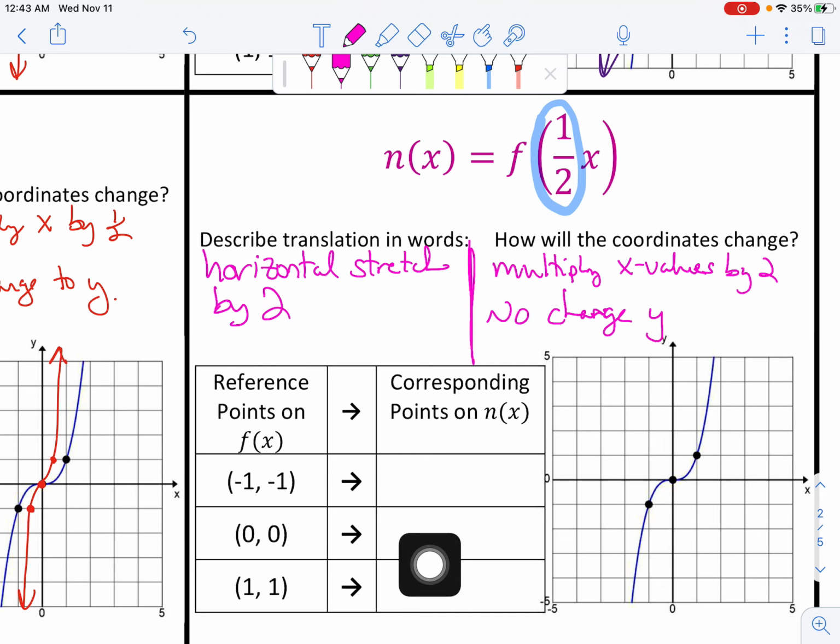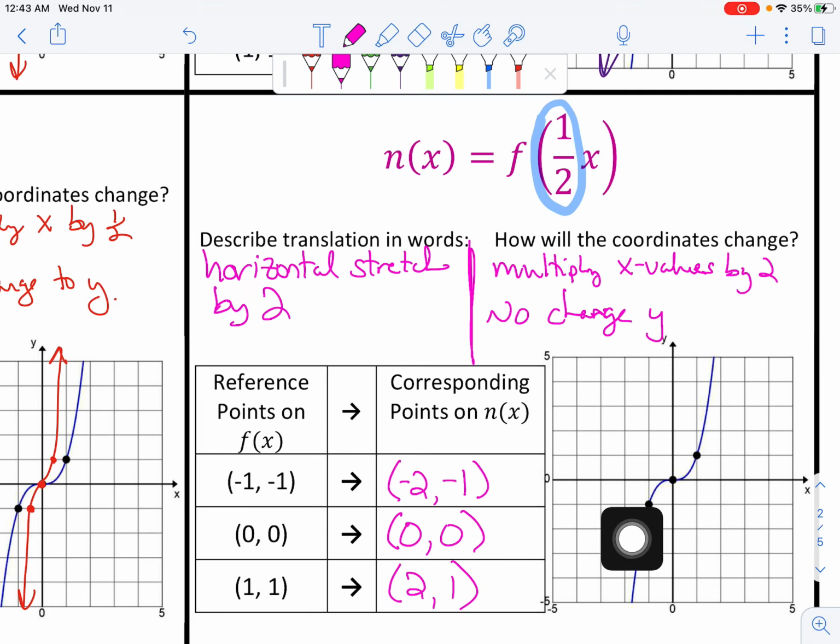Okay, so every one of these x values we're going to multiply times 2. So -1 times 2 is -2. Leave the y value alone. 0 times 2 is still 0, leave the y value alone. 1 times 2 is 2, leave the y value alone. So this point, -1, -1, has been stretched, right?